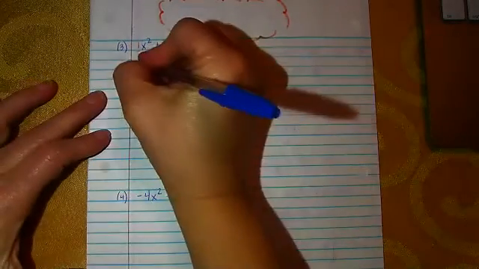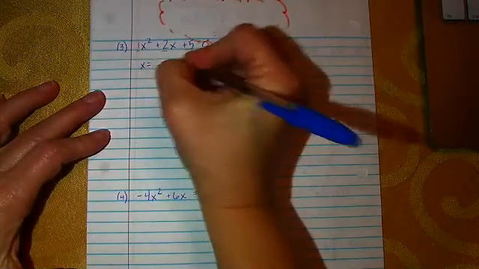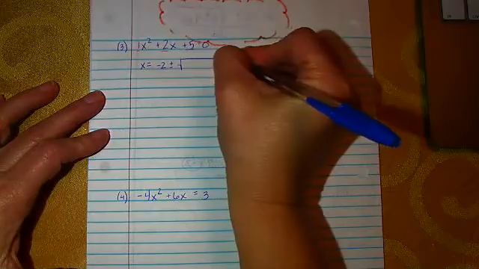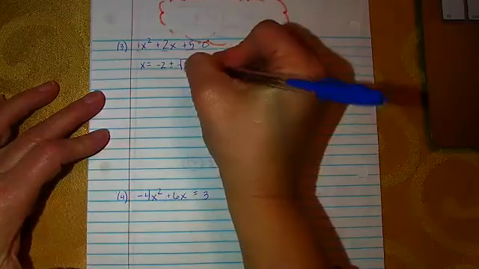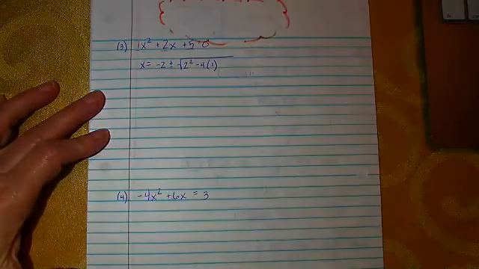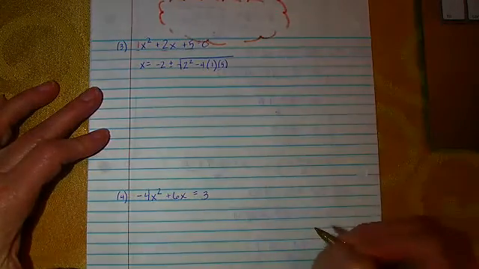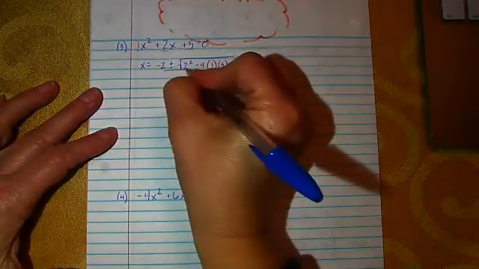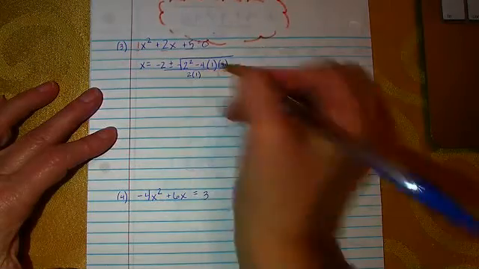Here we go. x equals opposite of b, so we have -2 plus or minus the square root of b squared, so that's 2 squared minus 4 times a, a is 1, times c, c is 5. All of that is divided by 2 times a, which is 1.